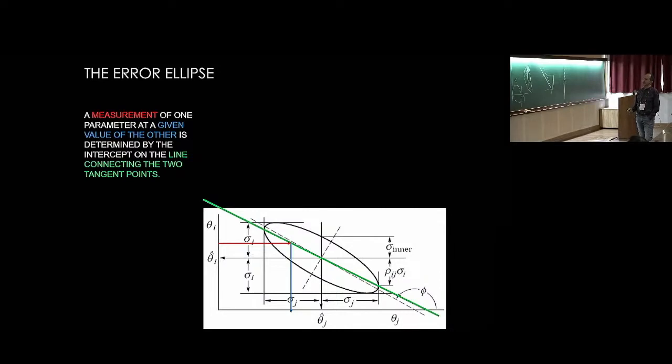So you can have a measurement of one parameter when you fix the other by taking this intercept here.